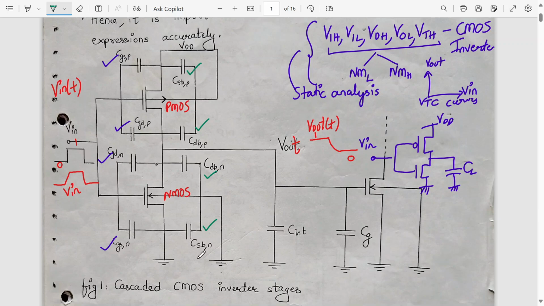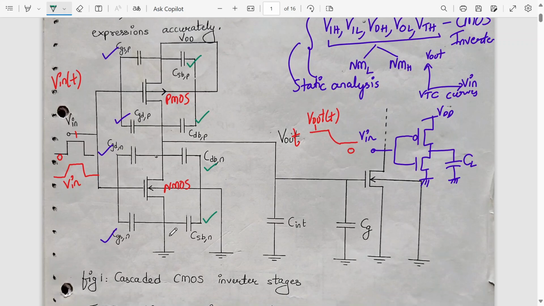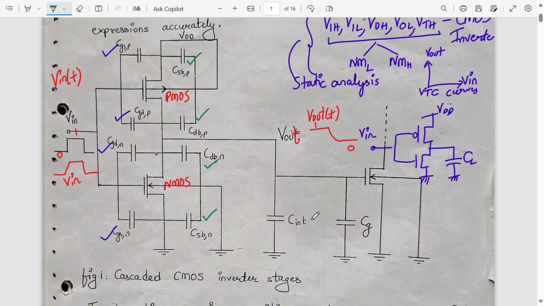To simplify this, we combine the capacitances seen in this figure number 1 into equivalent lumped linear capacitances. We say all these capacitances will be equivalent to a single capacitance at the output, which will be a combination of all of them. That is what we call lumped linear capacitance connected between the output node.